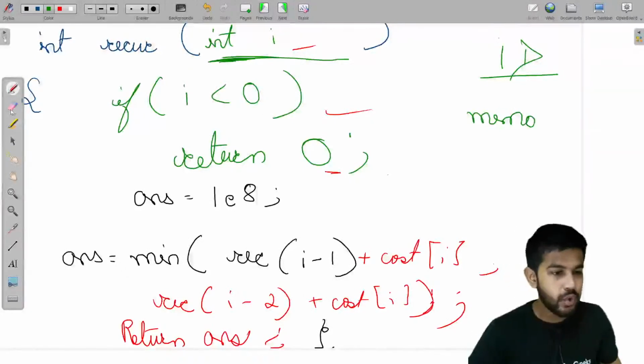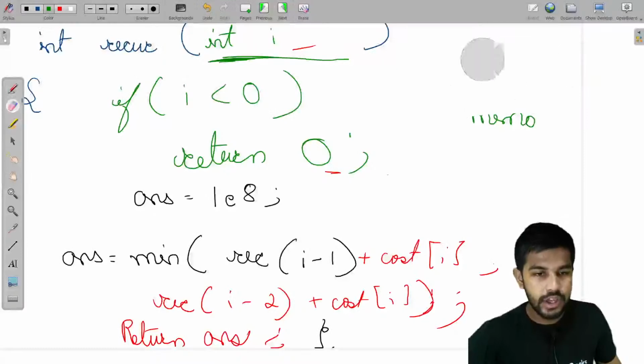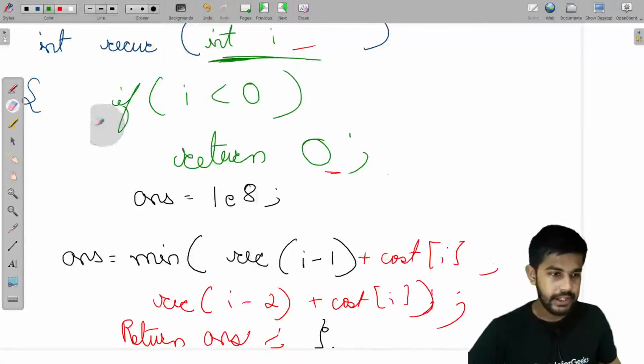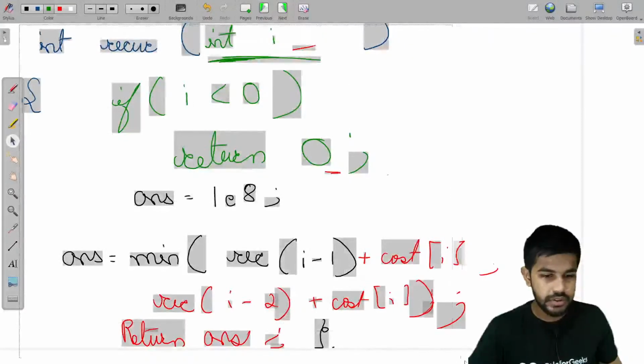Let me do one thing. Let me decrease all this so that I can write freely, because this is important, but writing the second part is also important.